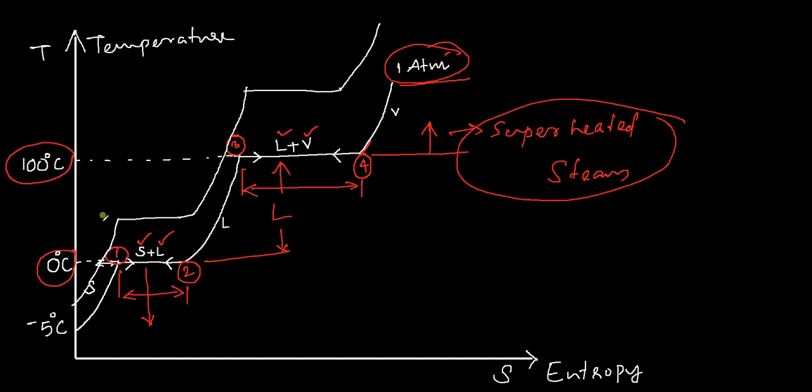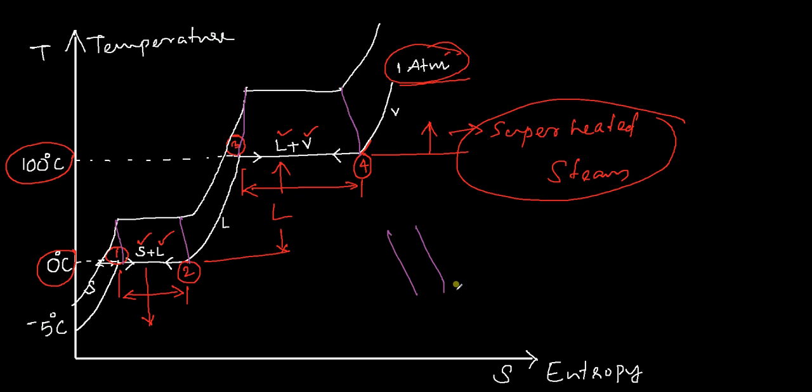Now, if you join these saturation points, you can draw a line which will eventually form the graph that we intend to create at the end of this video. So, for example, if you join all these points at 1, and then you join the 2s, and then you join the 3s, and then you join the 4s, you will be able to create a graph which will look like this.